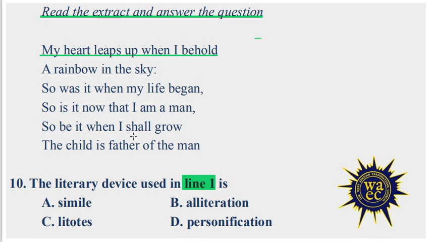Well, when the heart is said to leap up, to jump up, it means the heart is personified. The heart is personified by making it leap up, to jump up. Literally, someone's heart cannot jump up. So my heart leaps up is an example of personification.